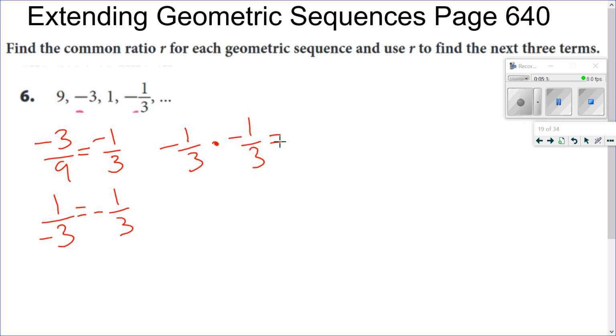And when I do that, I get a positive 1/9. Then I'm going to take the positive 1/9 and multiply it by -1/3. Keep in mind, I'm going to multiply by that same -1/3 every time.